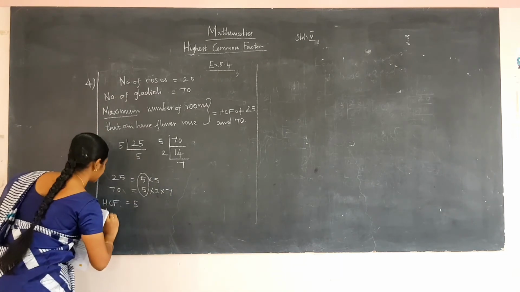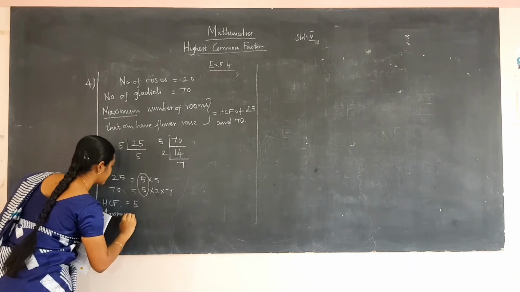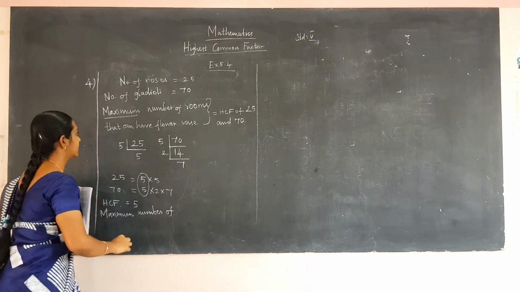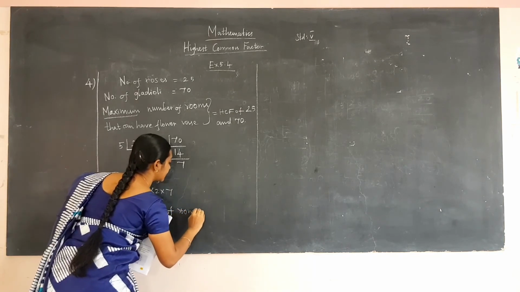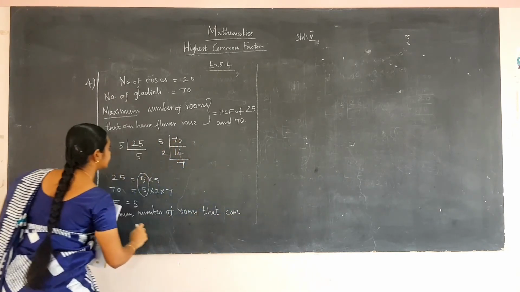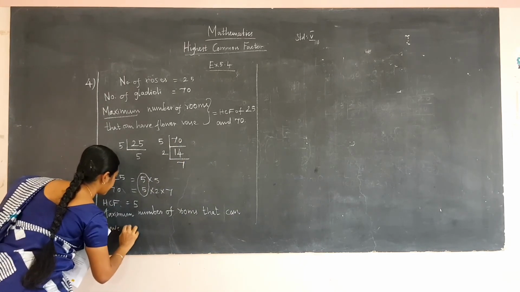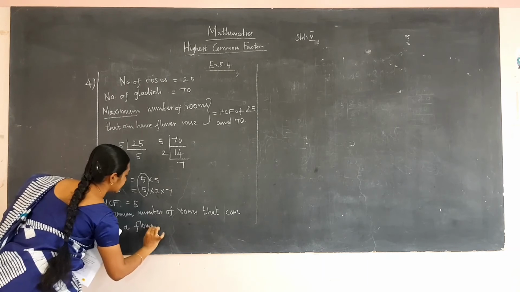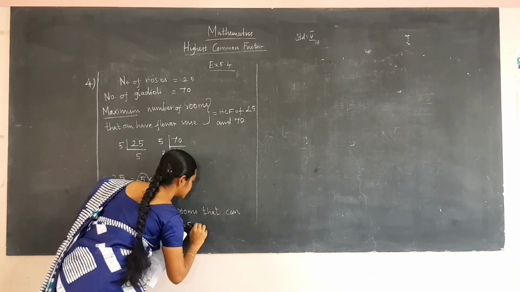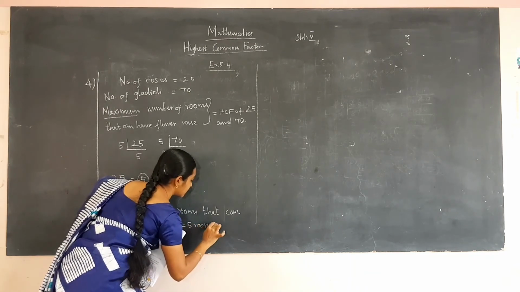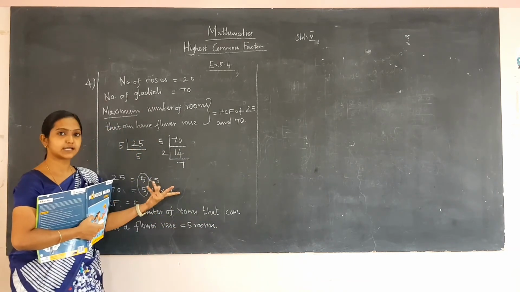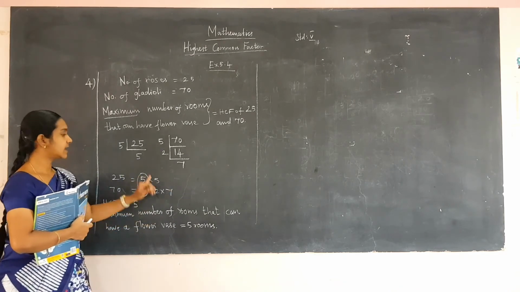That is, maximum number of rooms that can have a flower vase equal to 5 rooms. அப்போது 5 ரூம்ஸ்க்கு நமக்கு ஃப்ளவர் வேஸ் கிடச்சிரும். அதுதான் ஆன்சர். மேக்ஸிமம்னா HCF கண்டுபிடிக்கணும்.